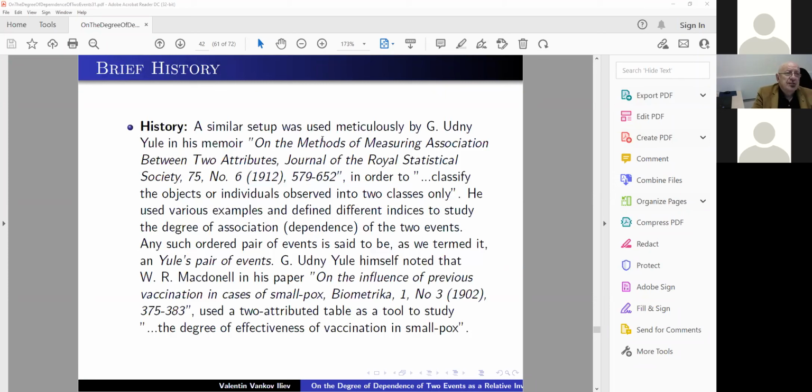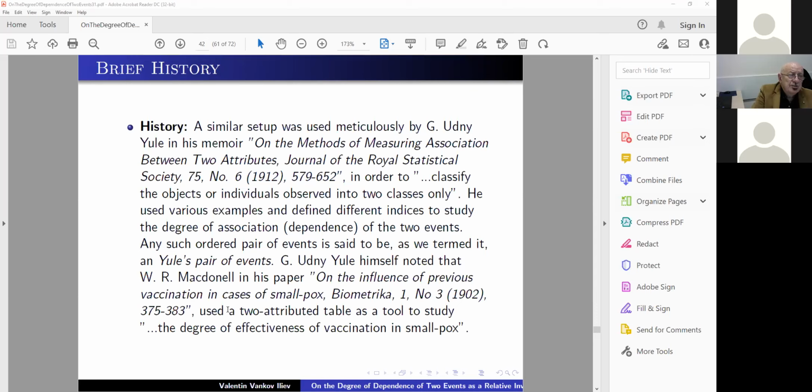And on the history: a similar setup was used meticulously by George Yule in his memoir. This is the title of the memoir, on the method of classifying the objects of individuals observed into two classes only. I gave the name Yule's pairs to those ordered pairs in honor of George Yule, because he did a systematic study of the two-attribute tables, which is equivalent to the study of Yule's pairs.